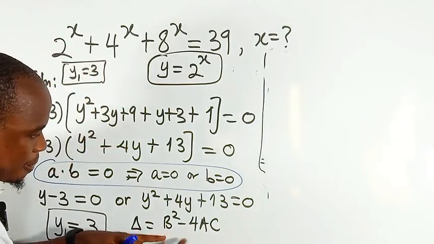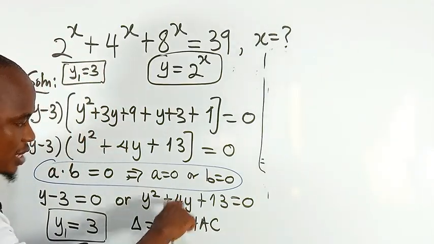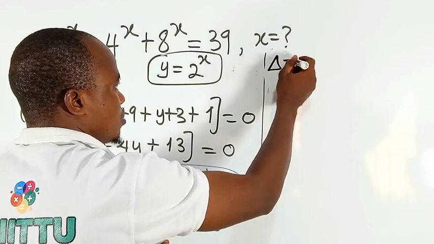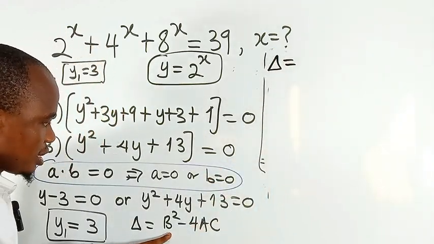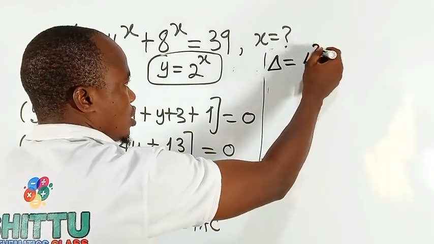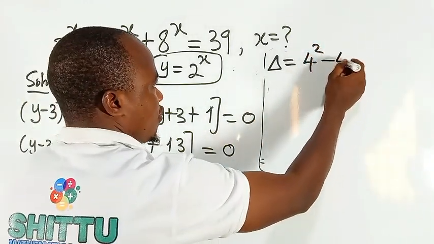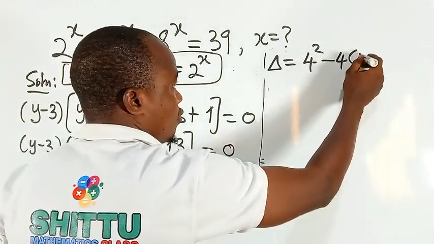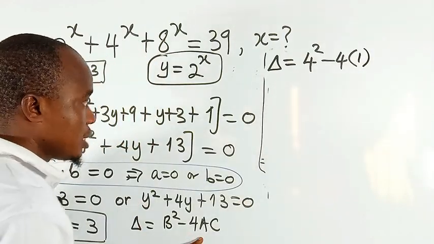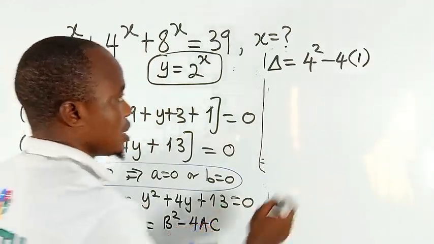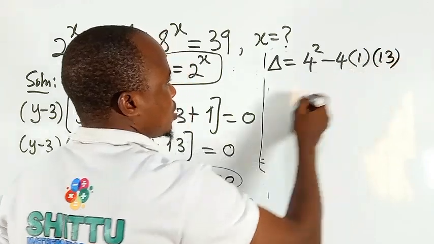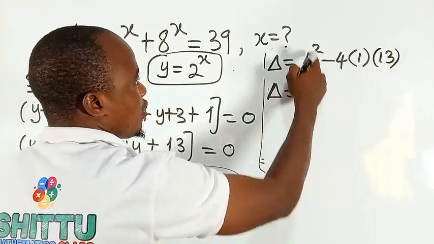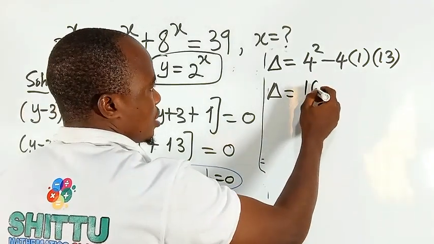What is our b? B is the coefficient of x. Therefore the b is 4. We have 4 squared, then minus 4 times, what is a? Coefficient of y squared. We have 1. Then c is 13.